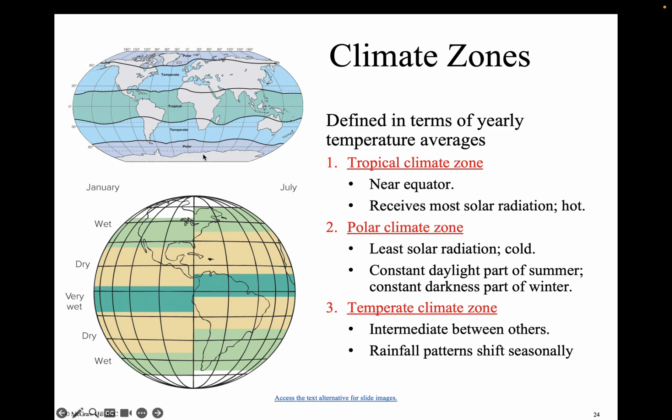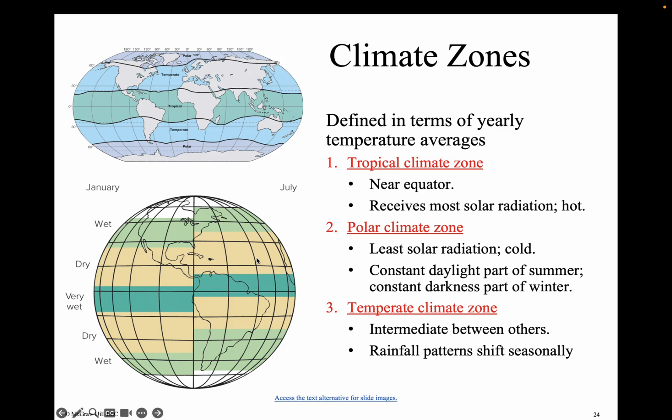And then during the winter here, it's going to be day 24/7, and dark 24/7 over here. So it's flipped for the north and the south poles. All right, so tropical, temperate, and polar climate zones.